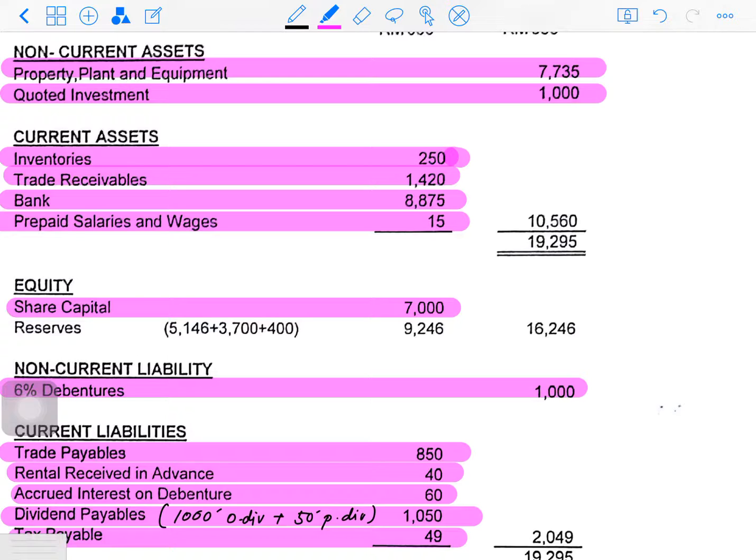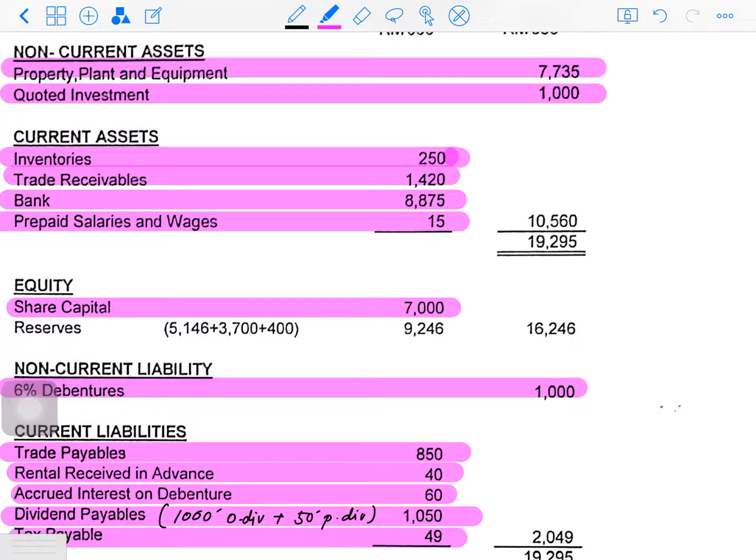Total you get this amount, 9246. Okay. So if you balance out, you get this balance. All this balance you get.